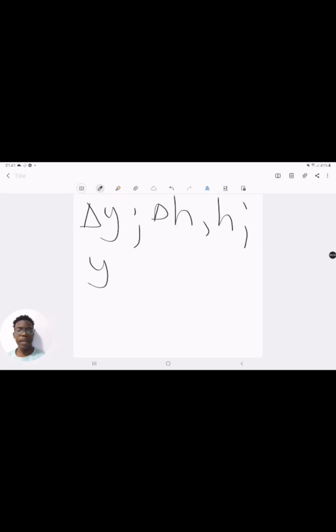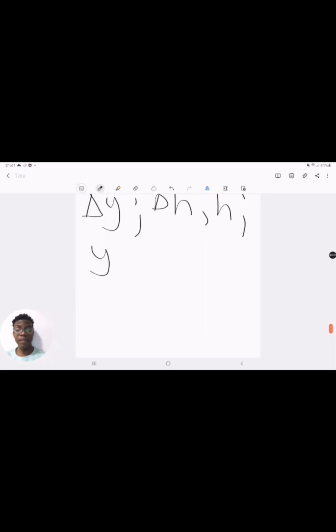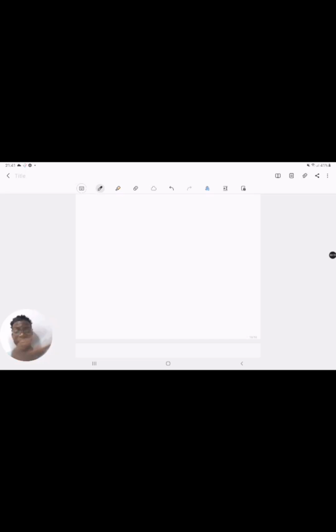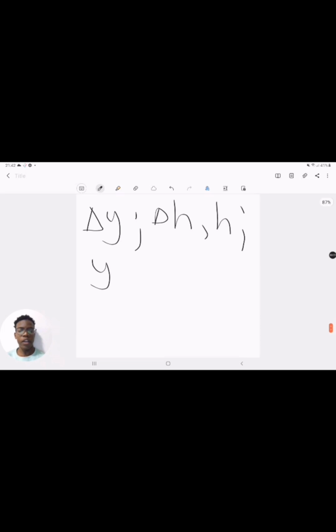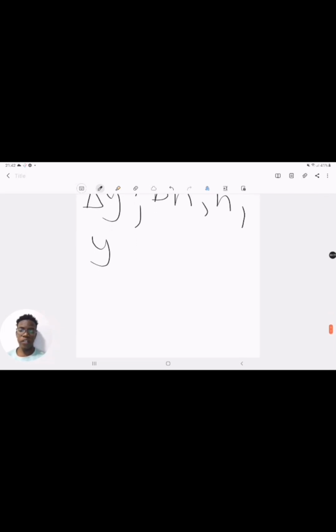This is the displacement, and like velocity, displacement is a vector. Now remember what a vector is. A vector is a quantity that has a direction and magnitude. In other words, it has a sign, a positive or a negative sign, and it has a number attached to the sign. Okay, so this one here is your displacement.